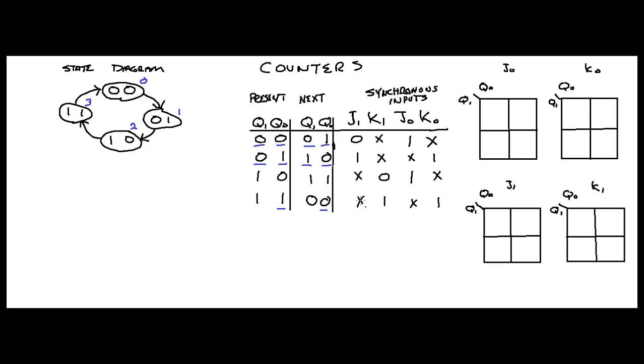So let's fill them in, shall we? This is going to be 1. I'm sorry, my fault there. 0, 1, 0, 1. Okay, now it's ready to be filled in. So let's look at J0, okay?